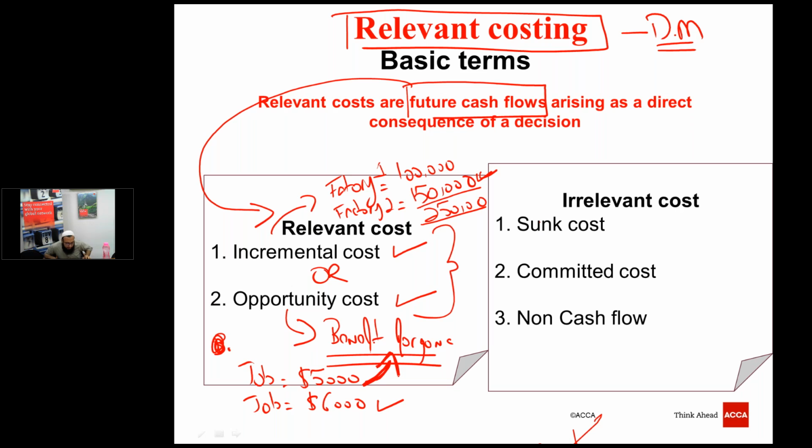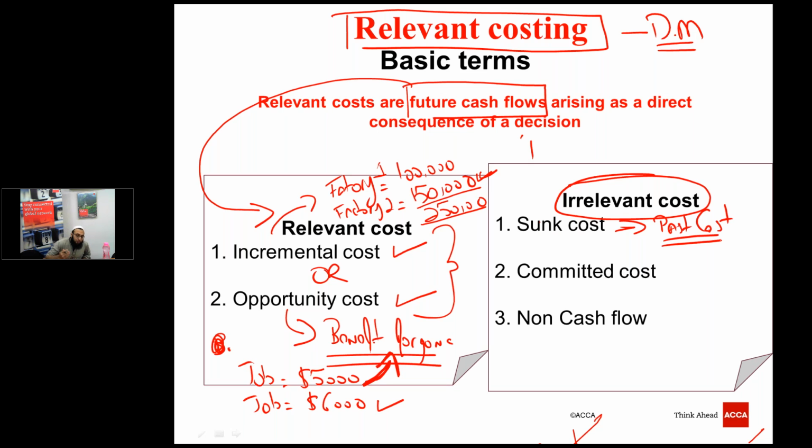So my friends, for decision making purpose, it is important that it should be either incremental or opportunity. And this you basically need to remember. A cost that will be irrelevant will either be a sunk cost, which is known as a past cost. What is past cost?